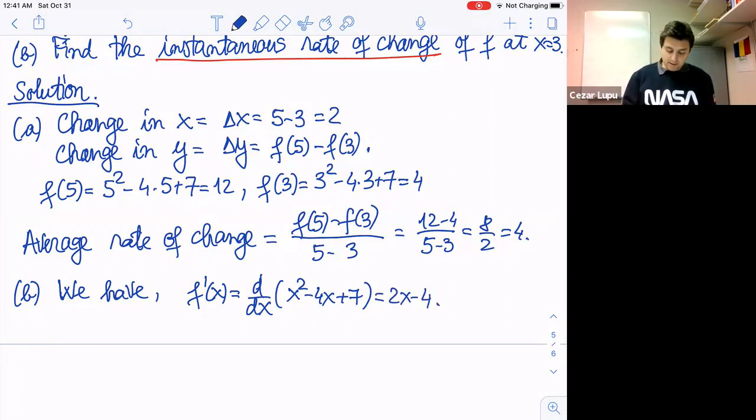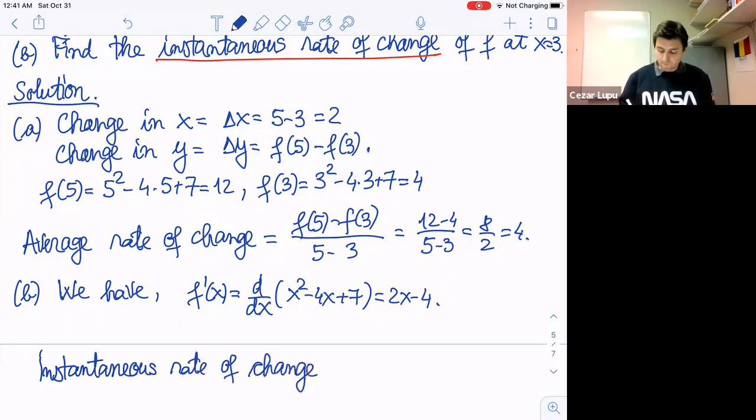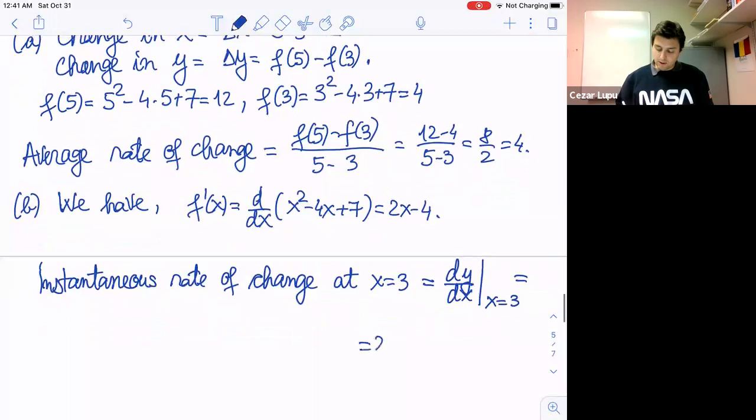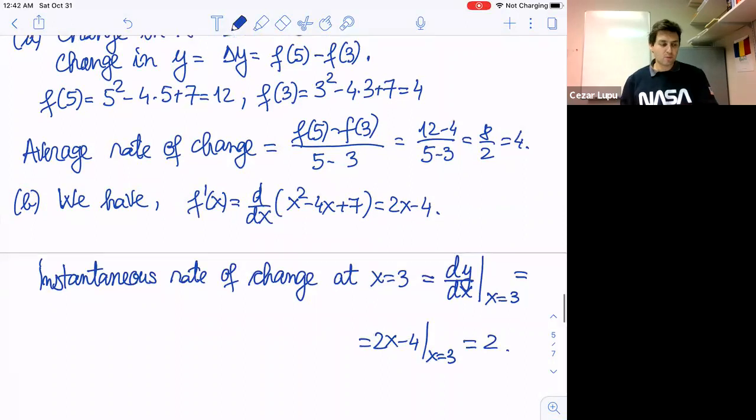And now the instantaneous rate of change at x equals 3 is nothing else than dy over dx. So the derivative evaluated at this point, x equals 3. So this would be 2x minus 4 evaluated at x equals 3. And now you can plug in, and this will give you 2. Anyway, it's just the derivative evaluated at 3, so it wasn't a big deal.